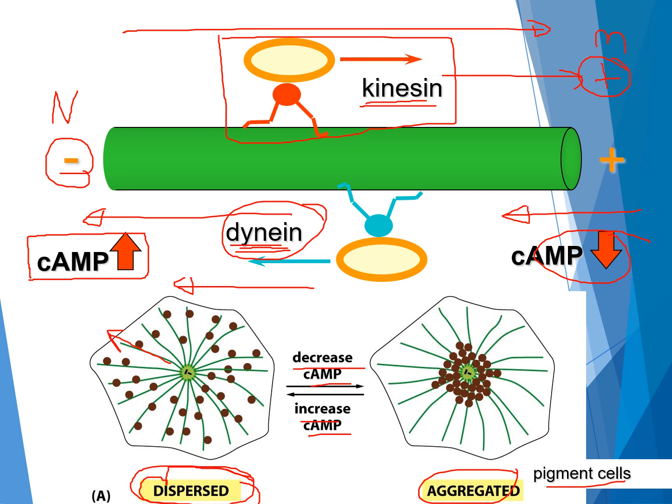While when the cells are at lower energy, lower cAMP, they will bring the vesicle towards the nucleus or towards the central core of the microtubule. We call it MTOC, microtubule organizing center.